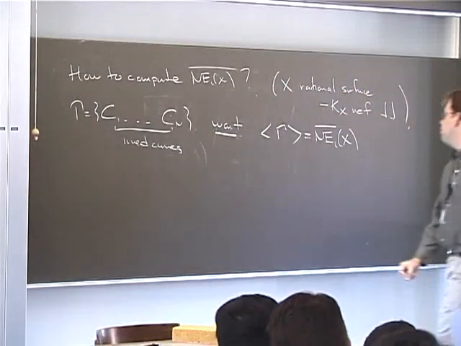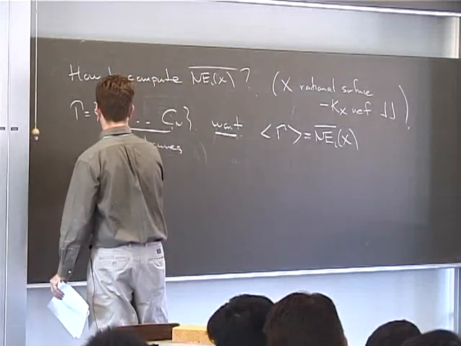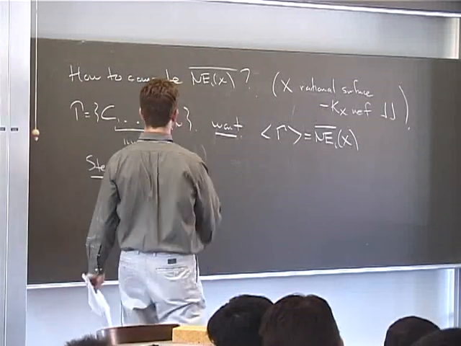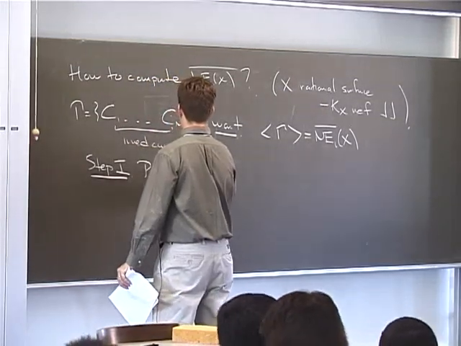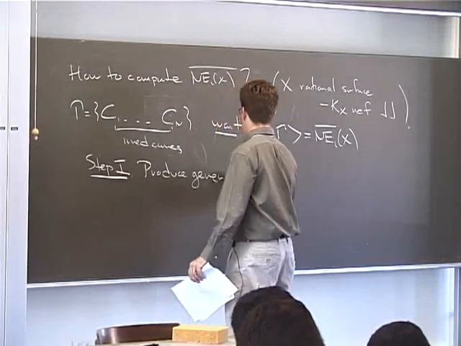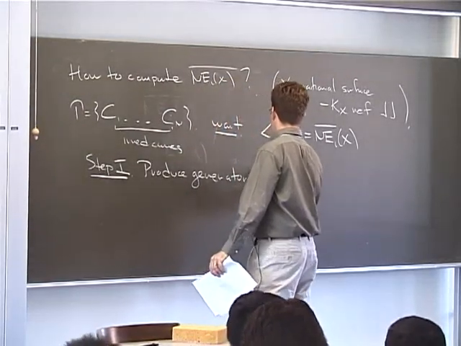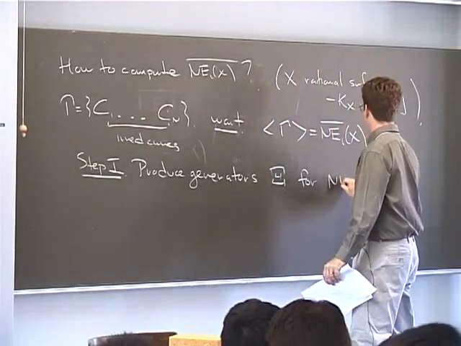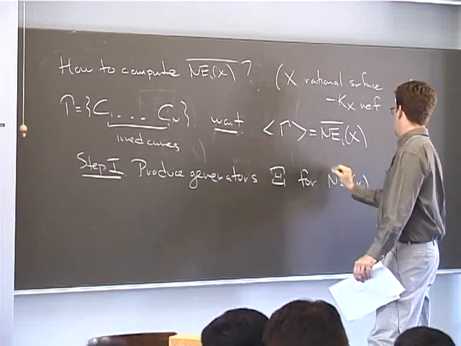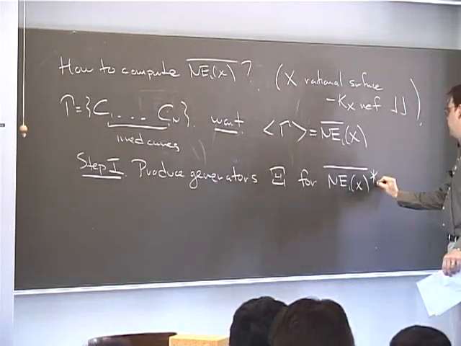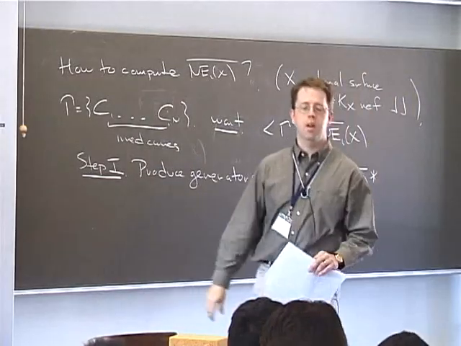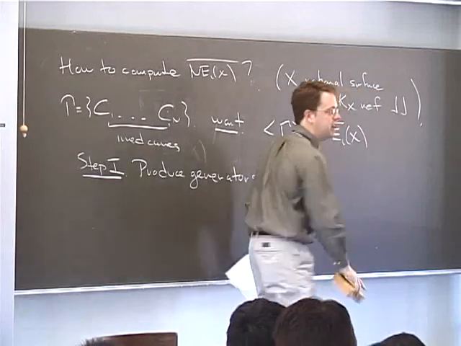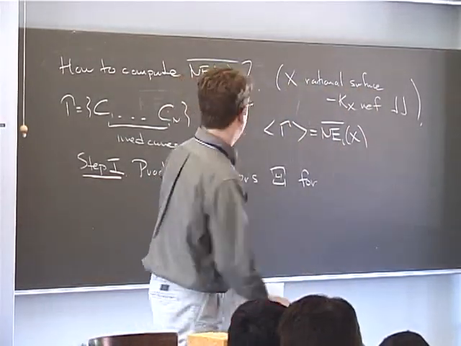So the first step is we produce a basis, or produce generators. We call this XC for the dual cone. Well, I shouldn't call it the dual cone at the moment because I don't know it's a dual cone. Let me erase that. Whatever cone the gamma generates.